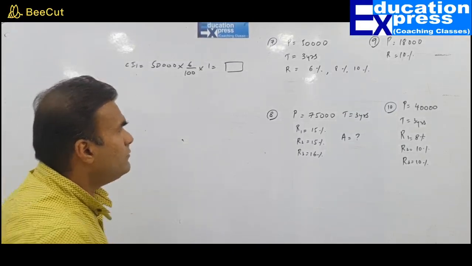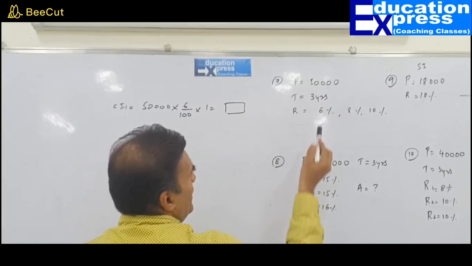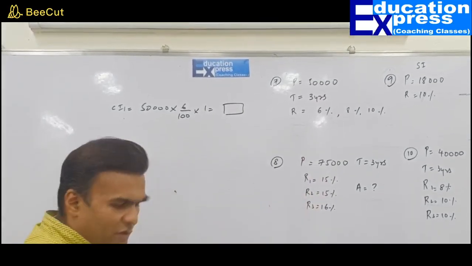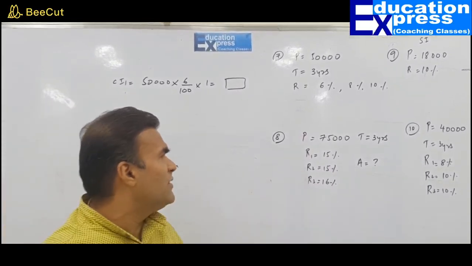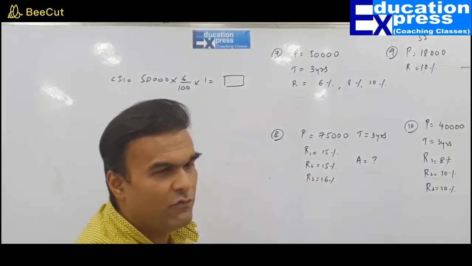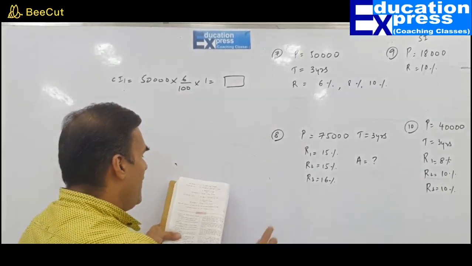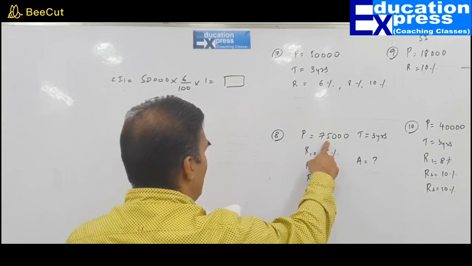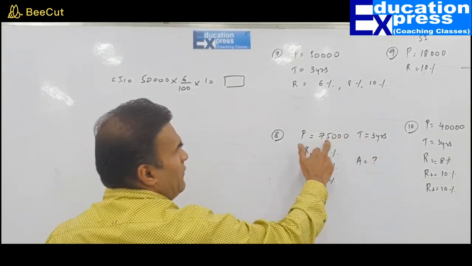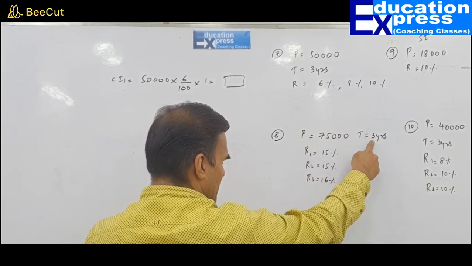Same question. Question number 8. Same to same. The difference is this is 50,000, this is 75,000. First year rate is 15%, second year rate is 15%, and third year rate is 16%. I'll read this question out for you. Question number 8. Minal lends 75,000 rupees at compound interest for 3 years.